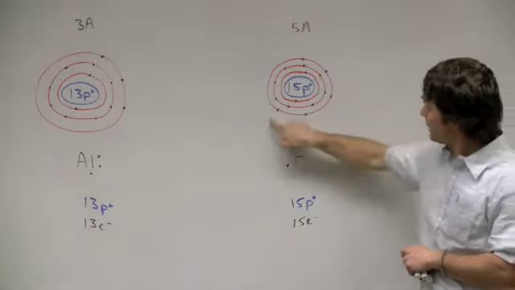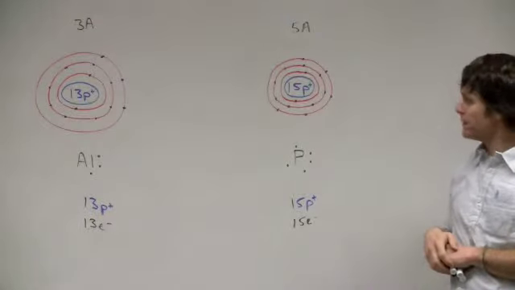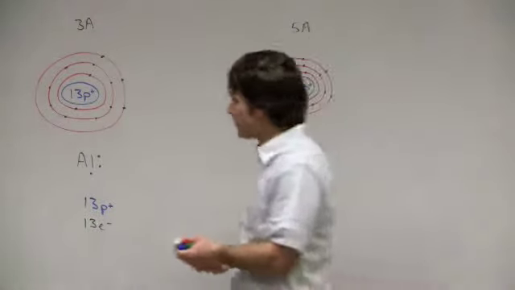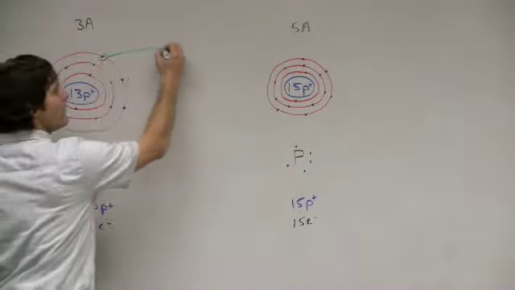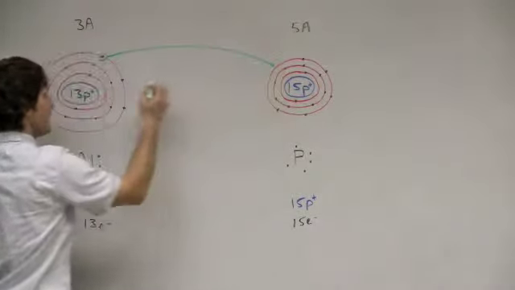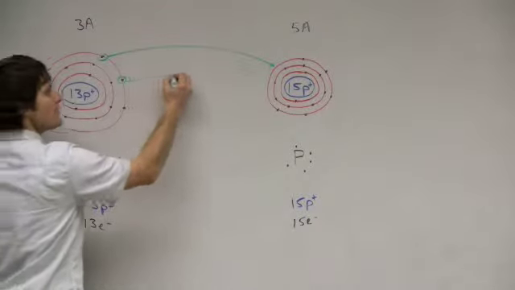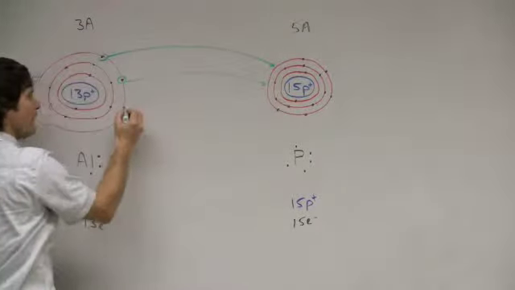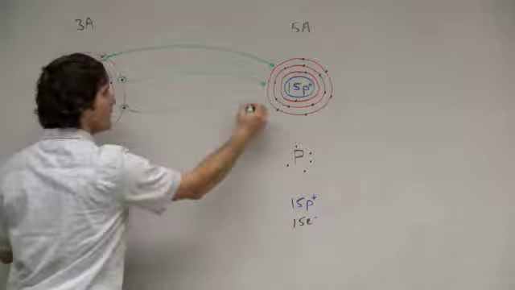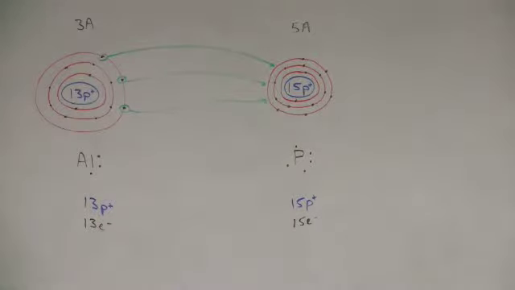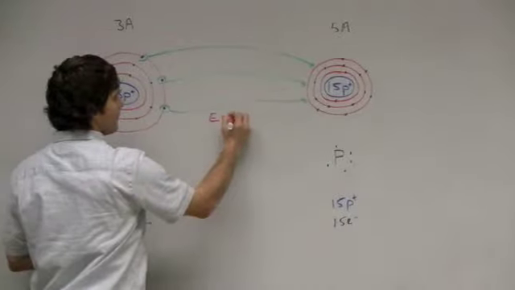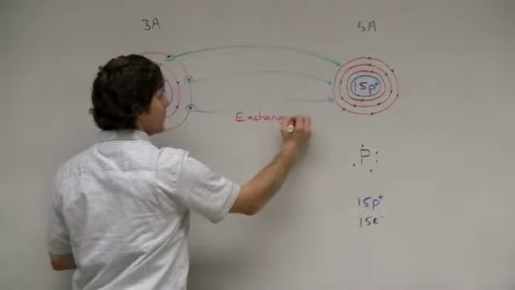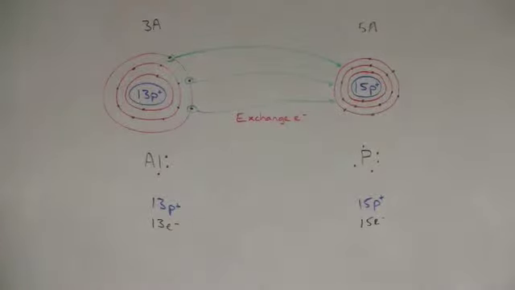So its outer energy level will have 8 electrons and be complete. And so what happens is aluminum takes all 3 of its bonding electrons and exchanges them over to phosphorus. We call that an exchange of electrons.